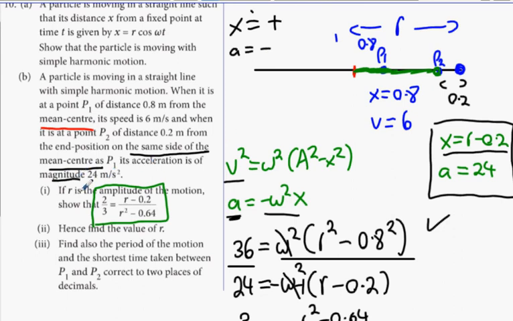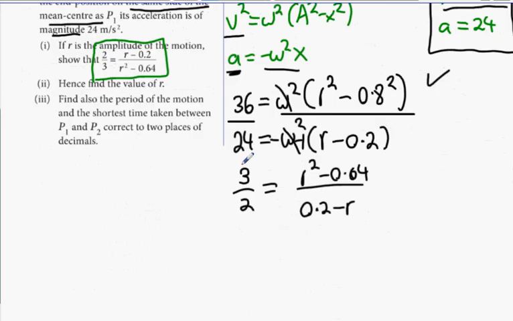That doesn't mean it's 24. It means it's of magnitude 24. I really should have put down a equals minus 24, because the acceleration has to be driving it back to the left, decelerating it. So that would be a minus 24. Now that I do that, it's r squared minus 0.64.